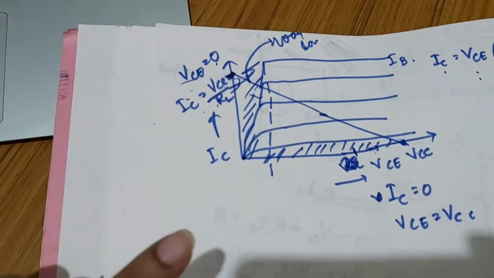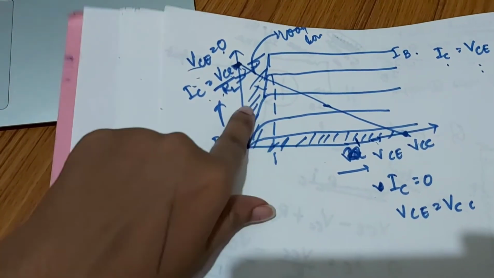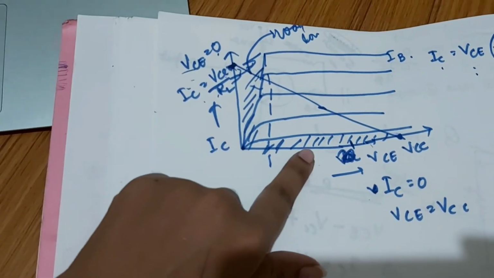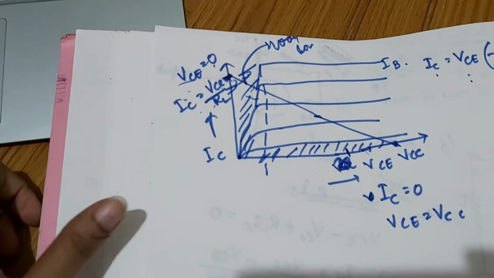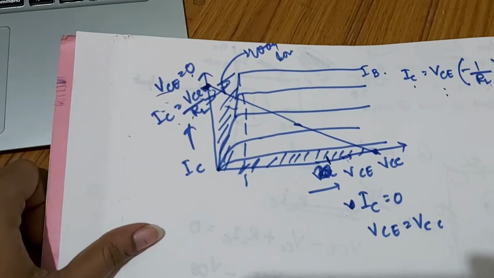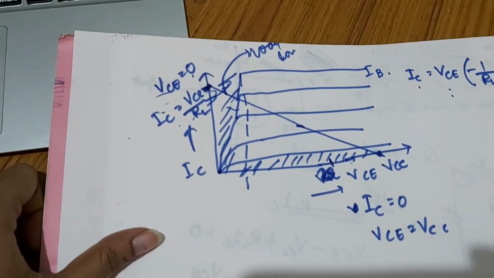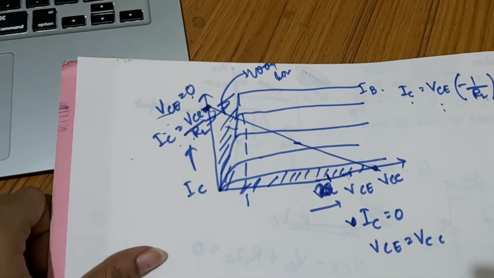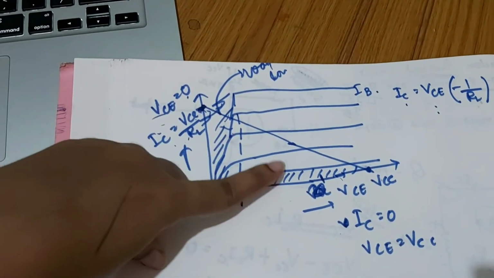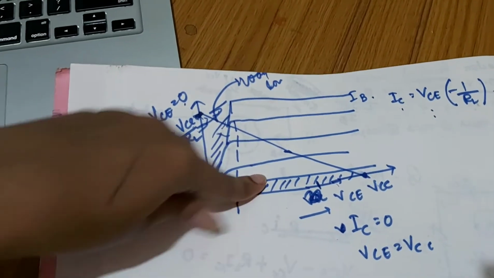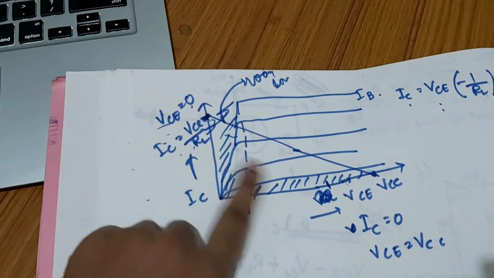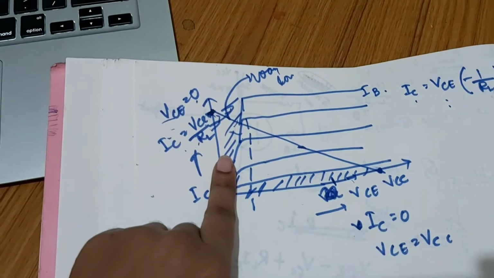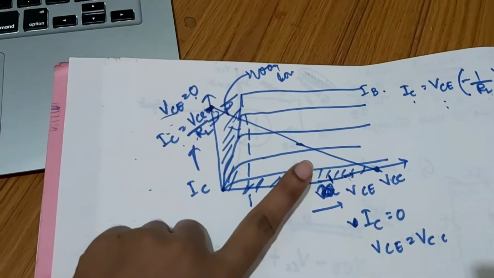So in these two regions it will act as a switch, as I said earlier, that the transistor is used as an amplifier or as a switch. As we are not getting any constant value for the IC current in these regions, the transistor will be either in on state or in off state.